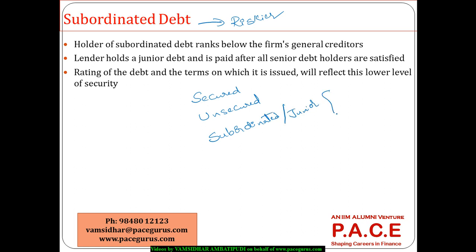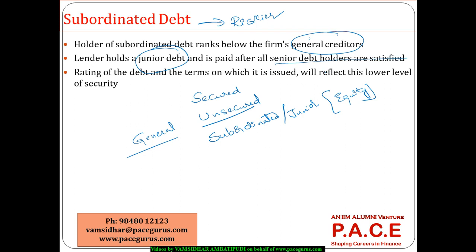To a large extent, people try to consider this more or less equal to equity or slightly above the equity investment. It's as good as equity. So the ranking is much below, even below the general creditors, because general creditors are ranked more or less at par with the unsecured debt. So it's called a junior debt.